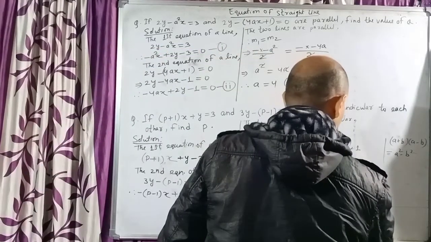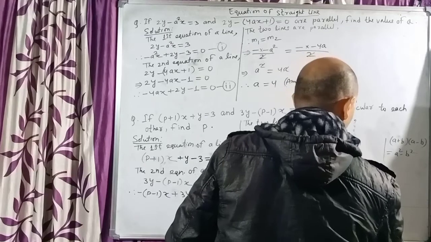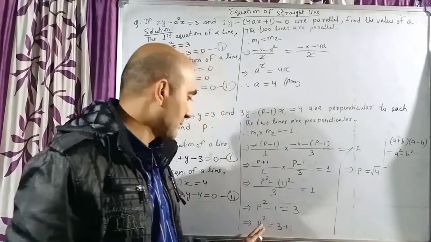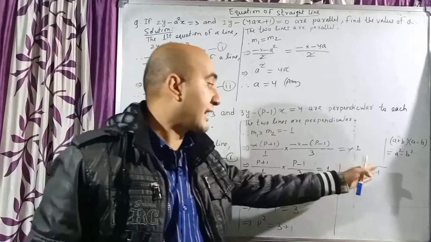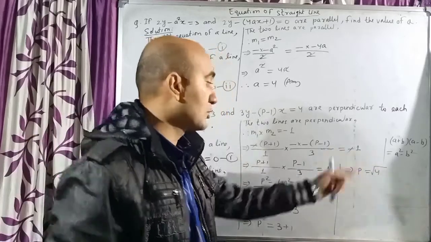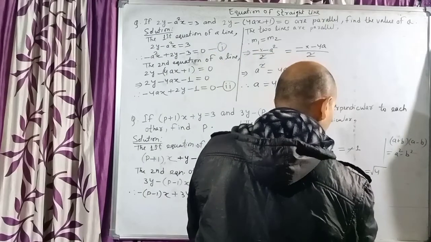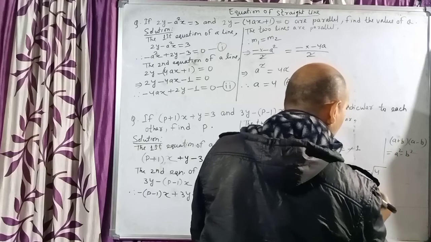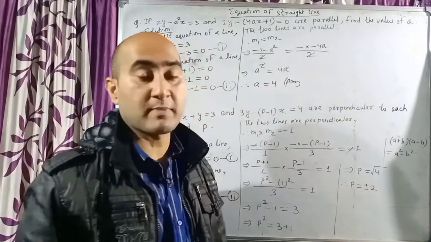Next I can write p equal to root 4, because 3 plus 1 is 4, and when I remove square from the left hand side, I get root on the right hand side, root 4. And finally p, root of 4 is 2, but any number coming out of root I can write plus minus 2.